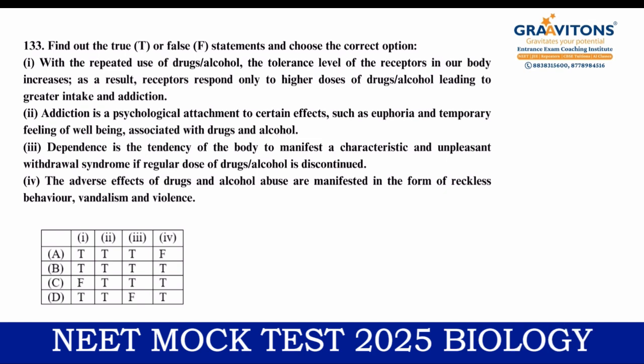As a result, receptors respond only to higher doses of drugs or alcohol, leading to greater intake and addiction. The statement is true. See, why we are reading the statement once again is that we should not miss out a long paragraph, since it is a very lengthy paragraph, we should not leave it off. So all these statements can be asked again in our exam.